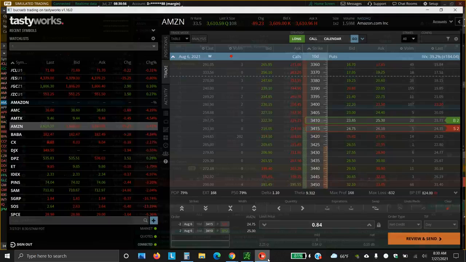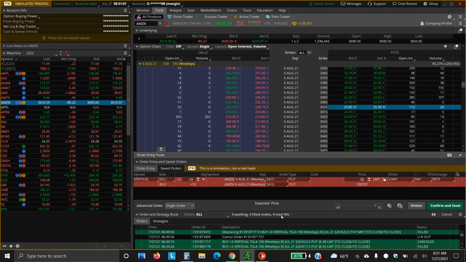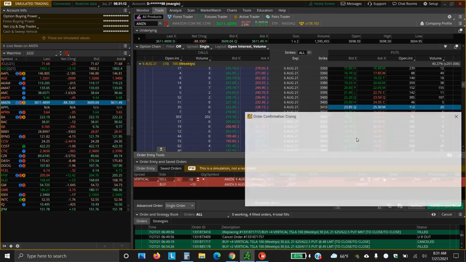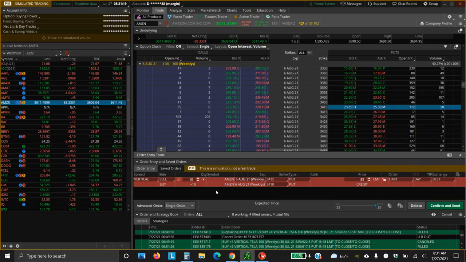Let's see what the current price is. That's about right, yeah. Okay, so the spread is 500. So I want to make like a $5,000 trade here. So it's sell 10, right?